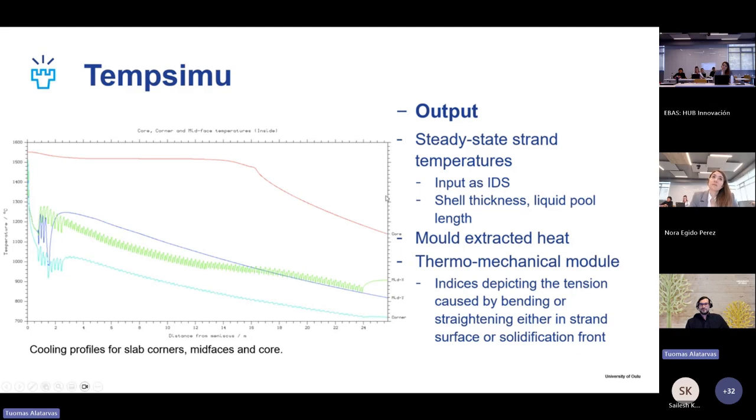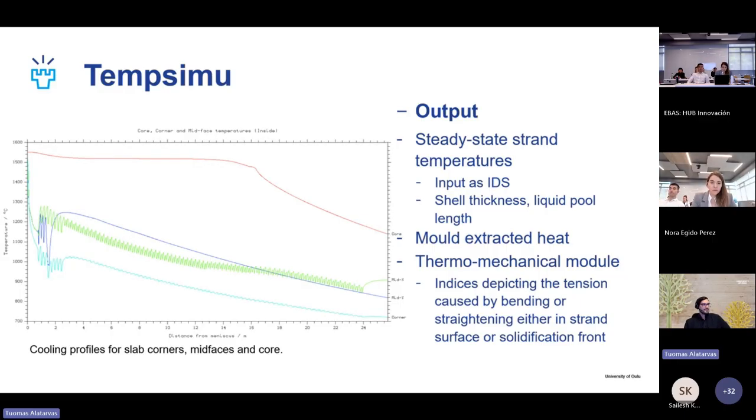So for example, what is the temperature evolution in the core or in the mid phases of the strand or in the corner. Also, any location of these can be extracted as a cooling curve and used as an input in the IDS calculations.